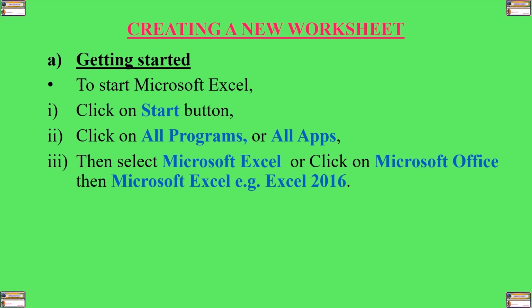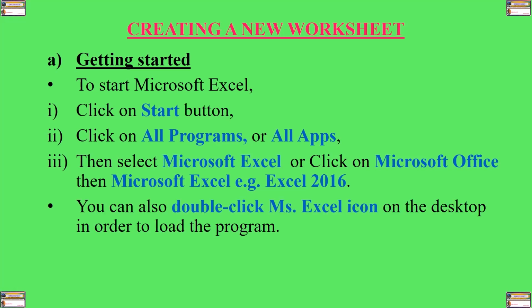In this demonstration, I'm going to use Windows 11, whereby I'll click on the Start button, then click on All Apps, and then click on Excel 2016. You can also double-click the Microsoft Excel icon on the desktop if it is there in order to load the program. So for this demonstration, in which I'm using Windows 11, I am going to load Microsoft Excel as follows.